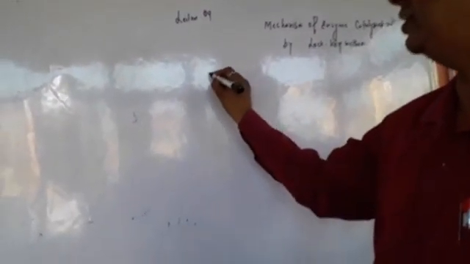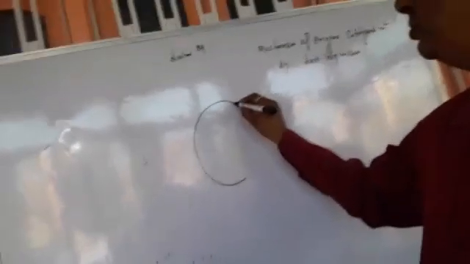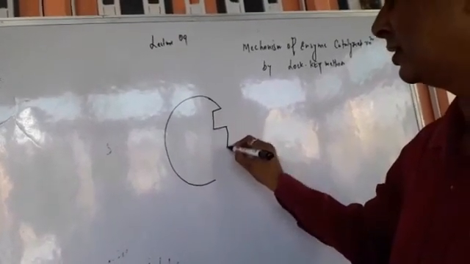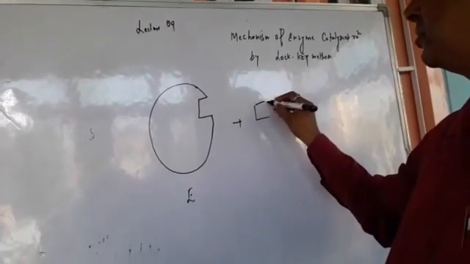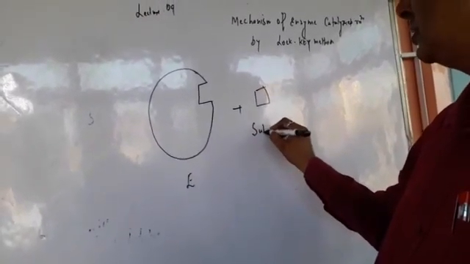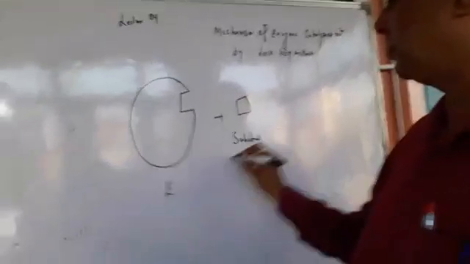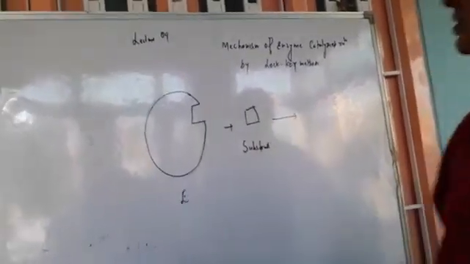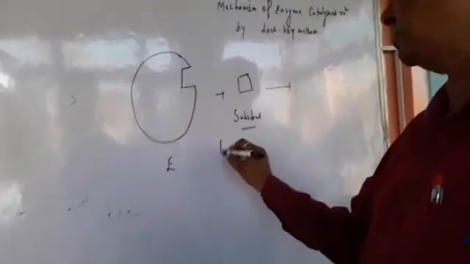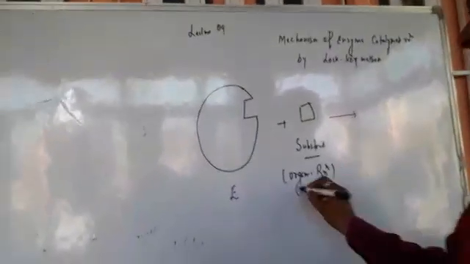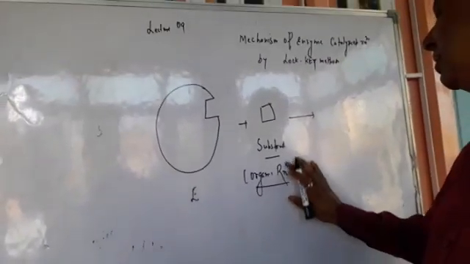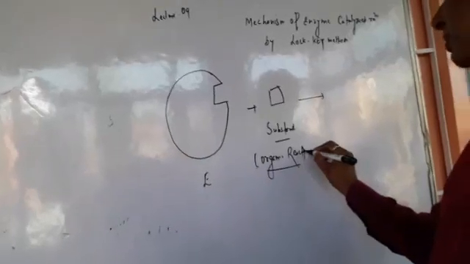First of all, this is the enzyme, which behaves as a catalyst. This one is the substrate. Substrate is the organic reactant; this is a biochemical reaction. Organic reactant molecules are known as substrate.